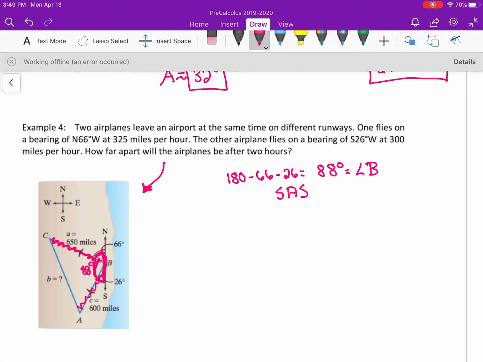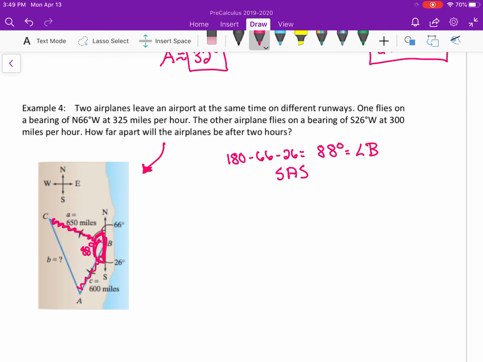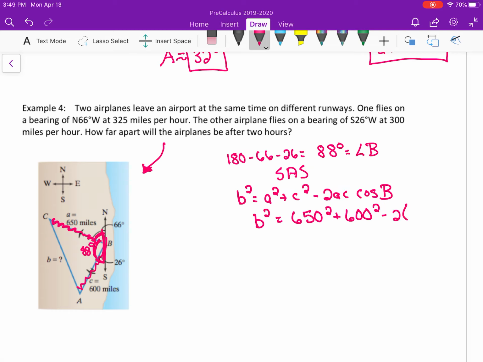So we're going to use our first set of steps, which are pretty much the same. We're going to look for b squared. We want b squared, which has the question mark next to it: 650 squared plus 600 squared minus 2 times 650 times 600 cosine 88.